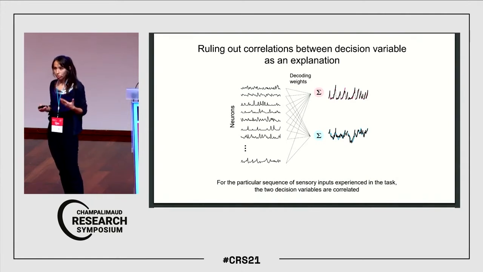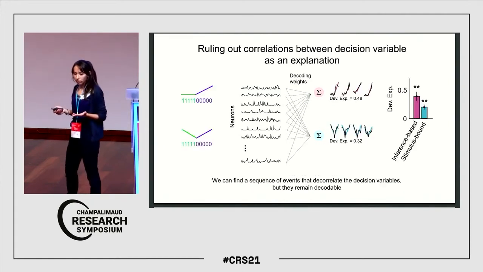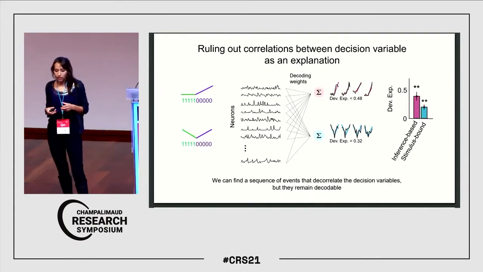So to try to rule out this hypothesis as an explanation, we found a trick. In the sequence of licks that we have in the session, we can find particular sequences that decorrelate these two different variables.